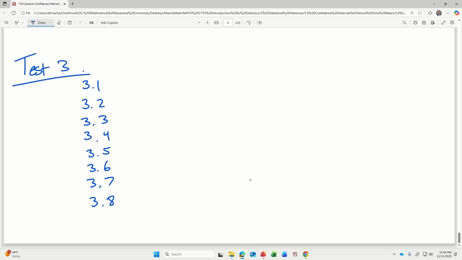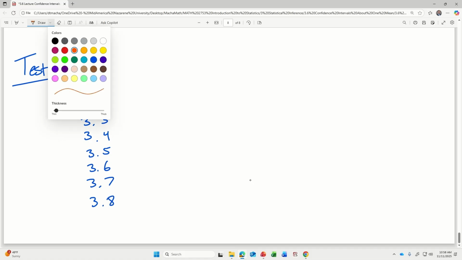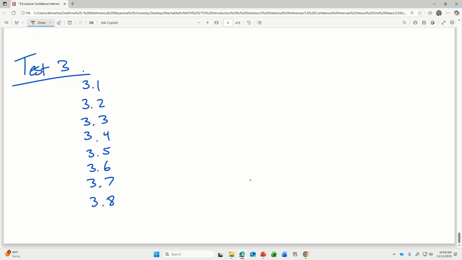In section 3.2, we were doing confidence intervals about 1 fraction. In section 3.6, we were doing confidence intervals about 1 mean. And these were both cases where we were using the quantile function.